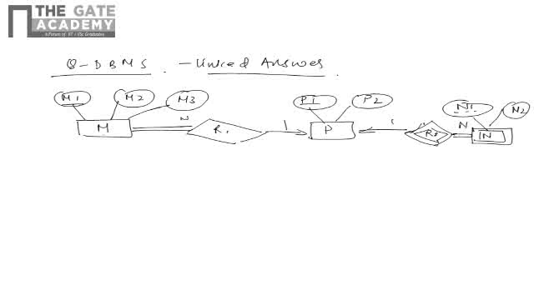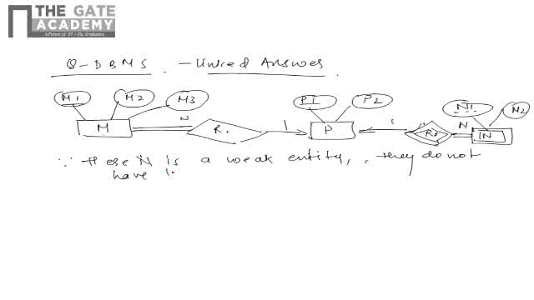Now we have to find out the minimum number of tables needed to represent this. Since N is a weak entity, it doesn't have a key attribute, right?